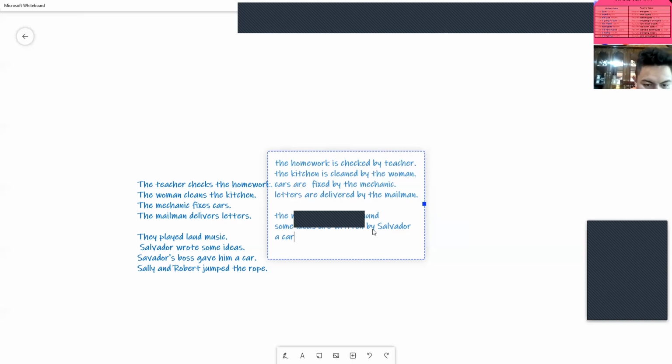What is the verb to be? Pero es el verbo que dice gave. Acuérdate que la voz pasiva la utilizas con el verbo to be y el verbo en pasado participio.